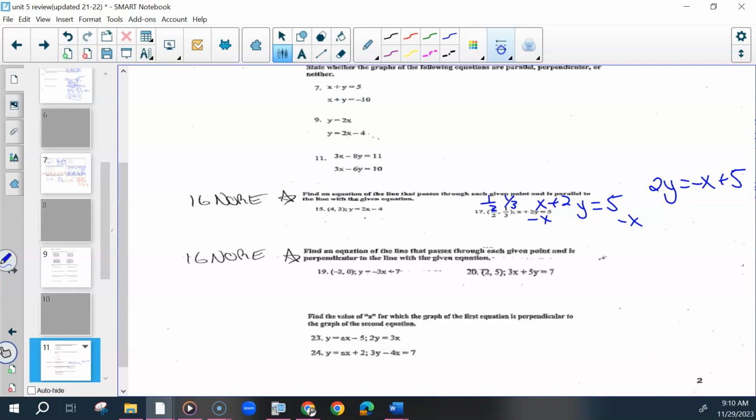Divide everything by 2, so that y equals negative 1/2 x plus 5/2. If our new equation is parallel to this one, what will the slope be?